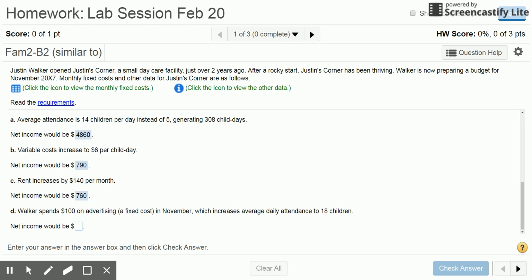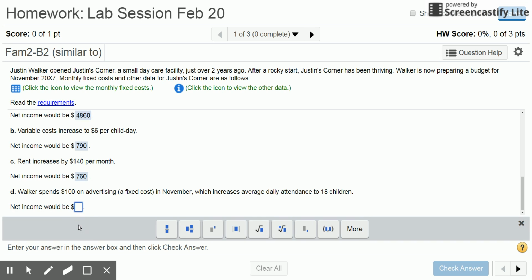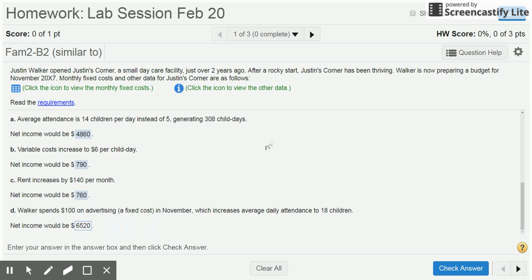So 18 multiplied by 22 days will give us 396 multiplied by $20 profit from each of those, and minus 1300 was our previous fixed cost. Now we spent $100 on advertisement as well, so we will have 1400 as our fixed cost, so it will leave us with 6520.